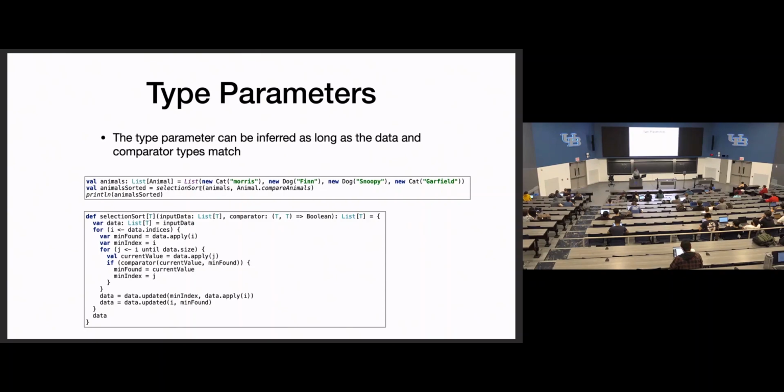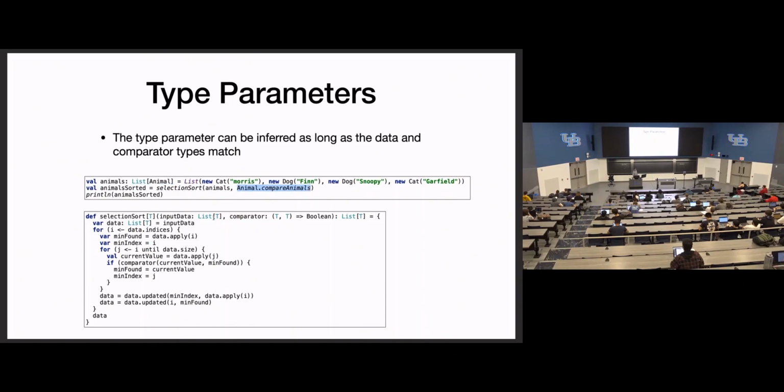And we typically don't specify the type parameter explicitly. This is one case where I think it's almost universal where you don't specify the type parameter explicitly whenever you don't need to. So here, we'll use Scala's type inference. We gave it animals, which is of type list of animals. We gave it animal.compareAnimals, which takes two animals and returns a Boolean.